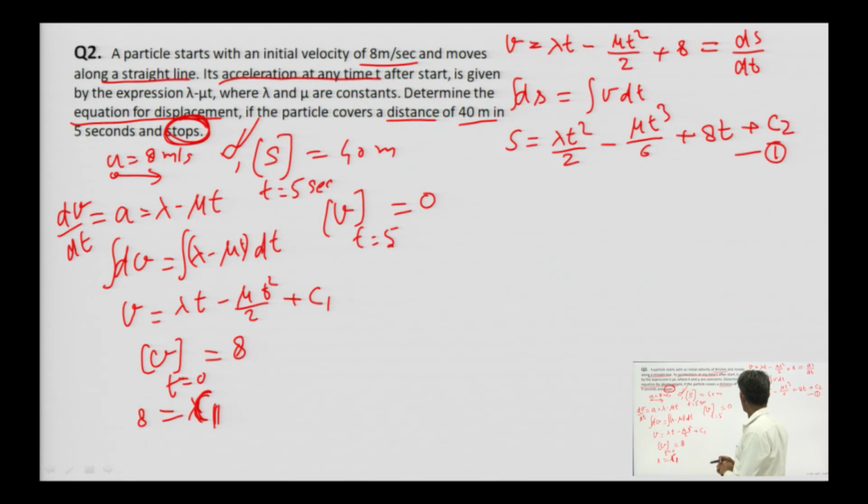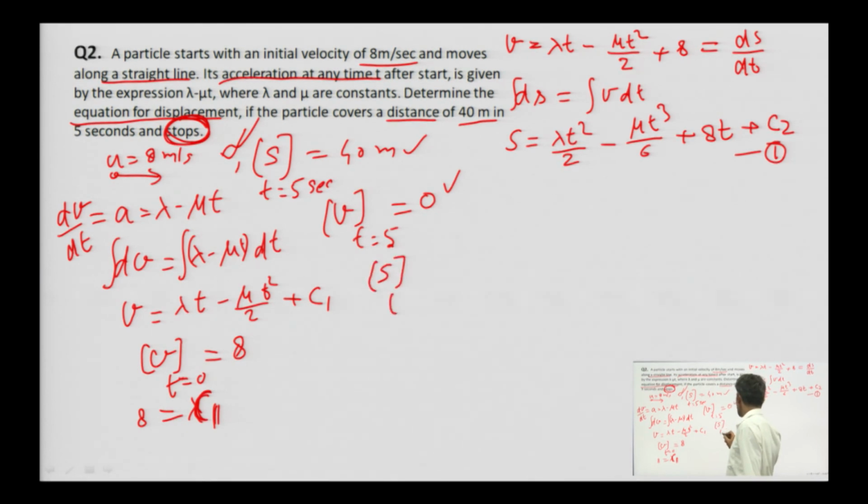So, using these two equations, there are three variables but only two equations. We will have one more boundary condition. What is that?